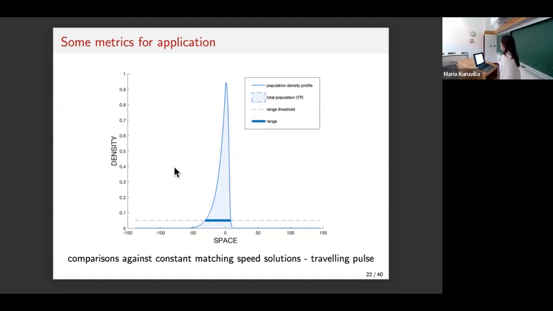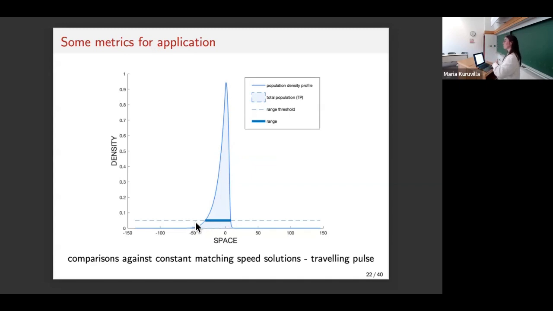Okay. So the metrics that I'm going to use for application, I've introduced one of them already. I called it total population. What is that? It's just when I integrate underneath my profile curve. Also, I have a range threshold. So let's say you're out in the field, you're looking for animals or a species, right? There would be a density below which you would find it very difficult to detect them, right?